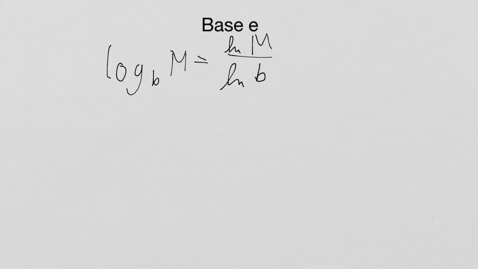So to put this in writing, log base b of m is equal to natural log, which again is log base e. I'm going to write it both ways. Natural log of m divided by natural log of b.